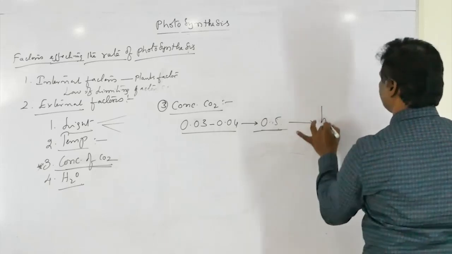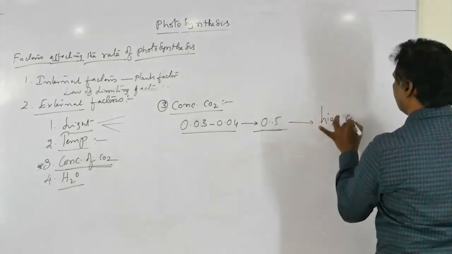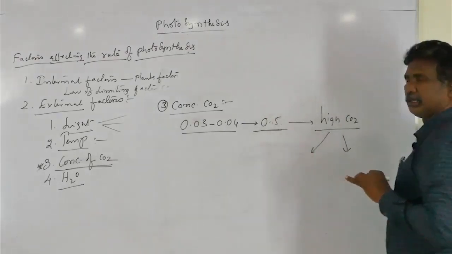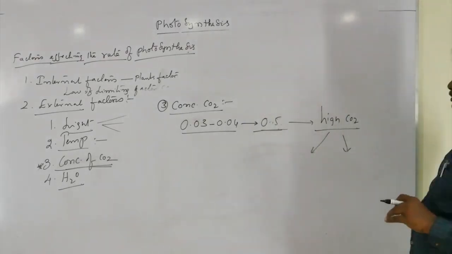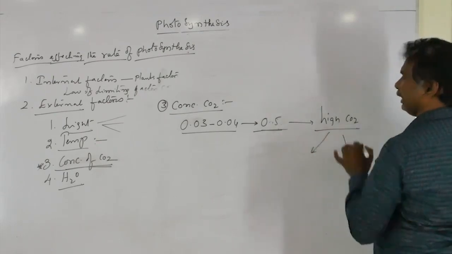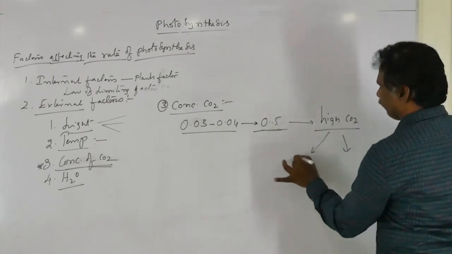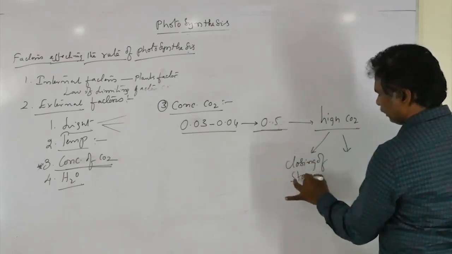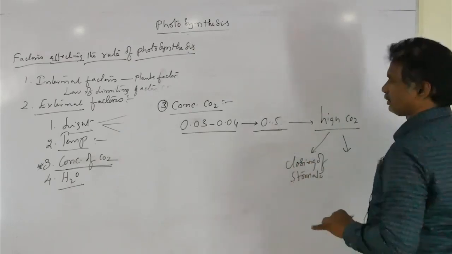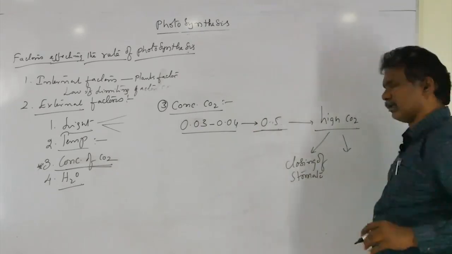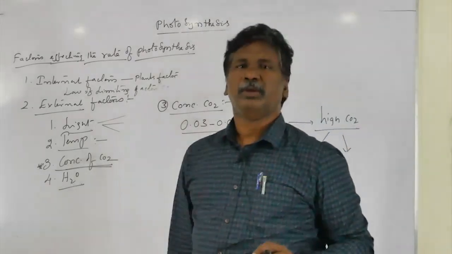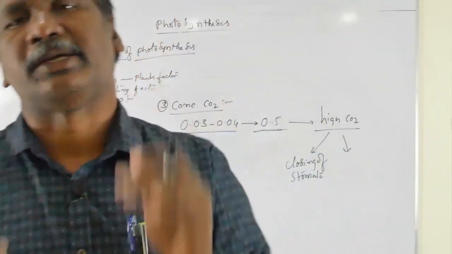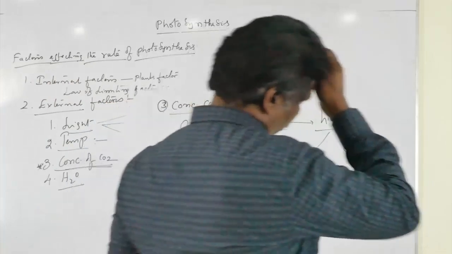But at high CO2 concentration, there are two important effects that can decrease the rate of photosynthesis. First, a high concentration of CO2 can favor the closing of stomata, which can obstruct gas exchange.